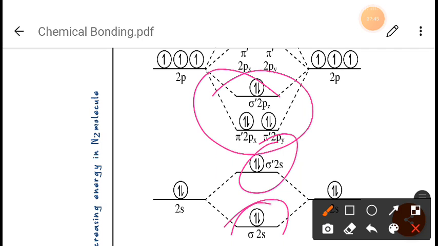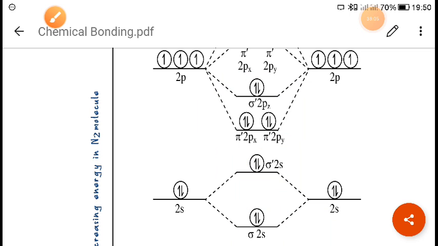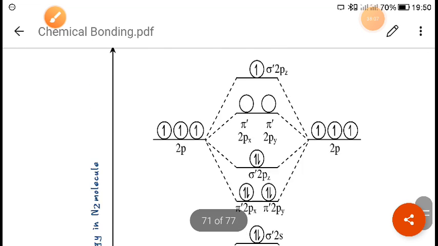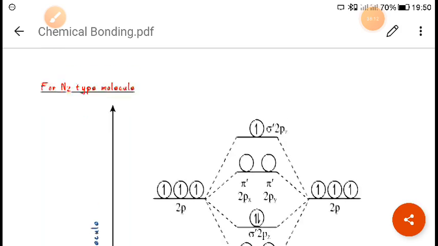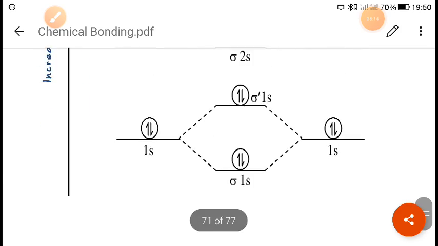This prediction is also confirmed, yes, they are diamagnetic because they have paired electrons, right? I hope you have understood the molecular orbital diagram of the nitrogen molecule.